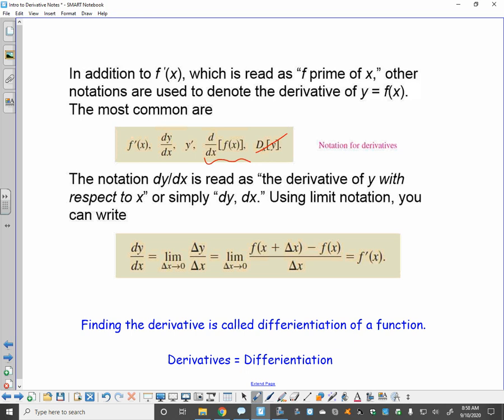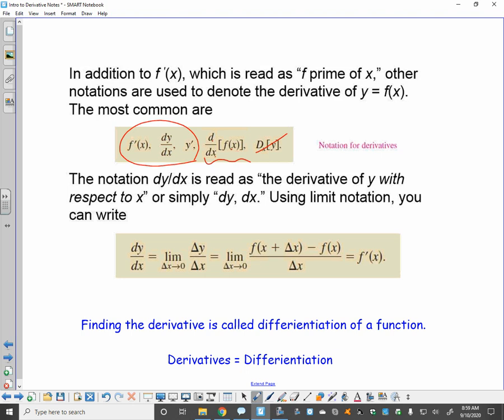But this one is d f of x over dx. And we'll get much more into the notation later, so I don't want you to stress. I really want you to focus on these three for now. So f prime of x, dy dx, and y prime. The notation dy dx is read as the derivative of y with respect to x, or simply dy dx.